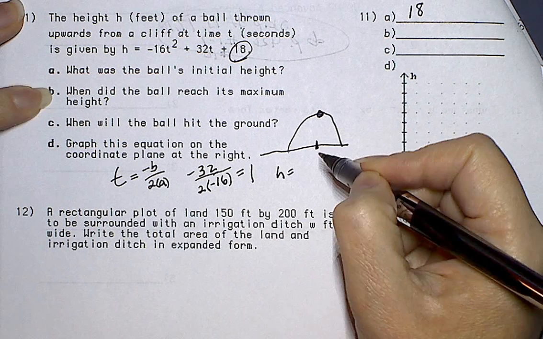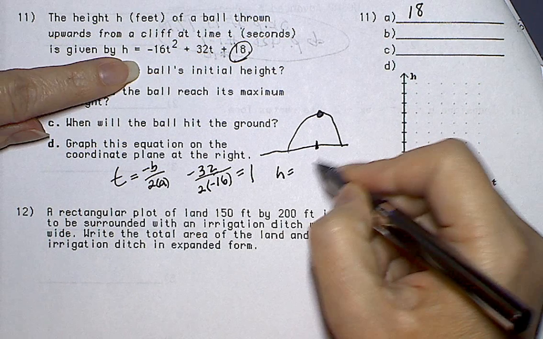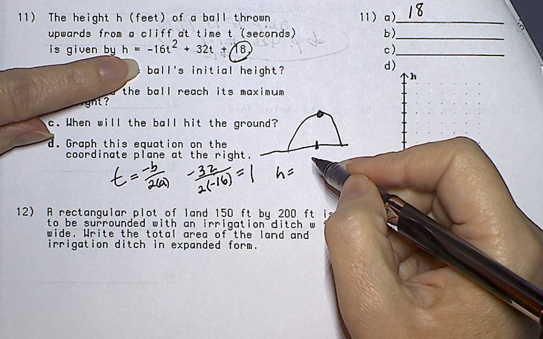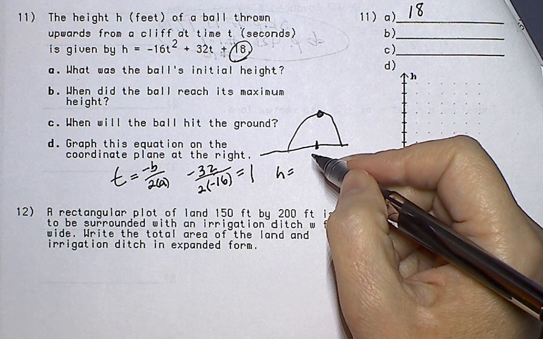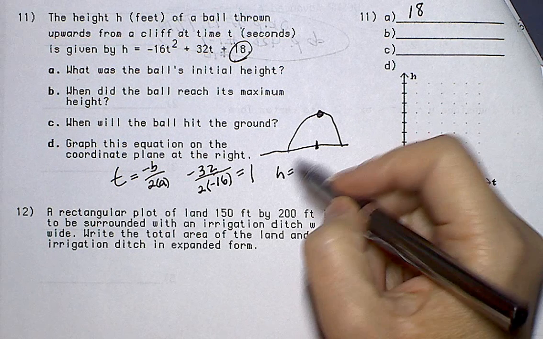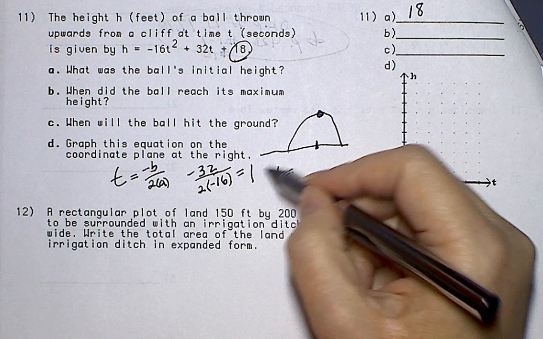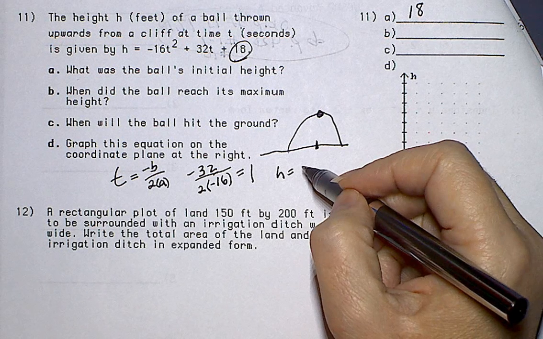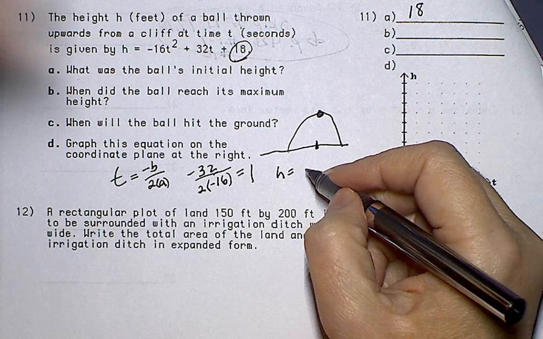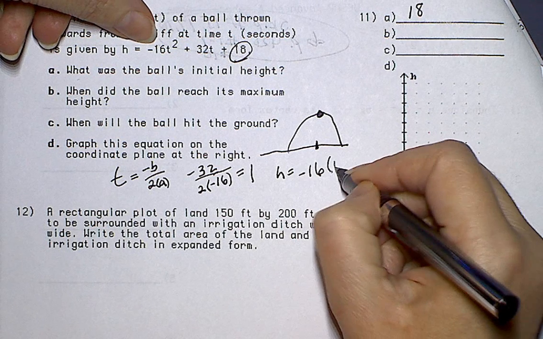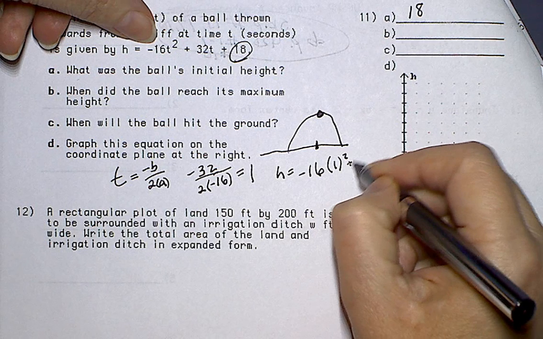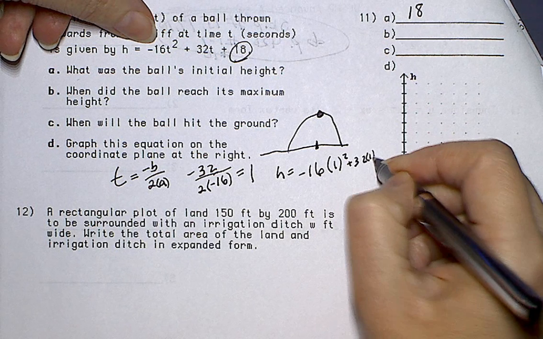So now we need to know what the height is. Does it say just when? So yeah, that just wanted the 1, but we're going to have to know the height in a second anyways. So let's find out what the maximum height is. The maximum height is -16 times 1 squared plus 32 times 1 plus 18.